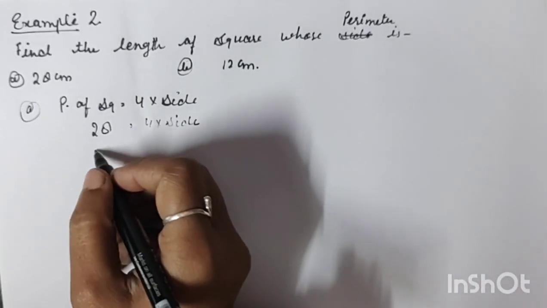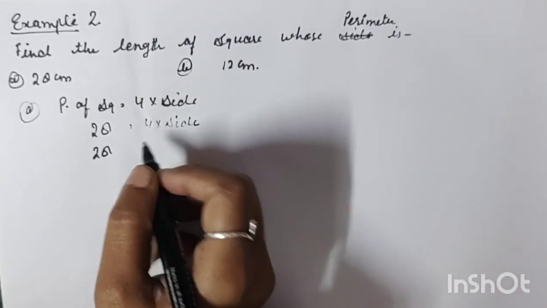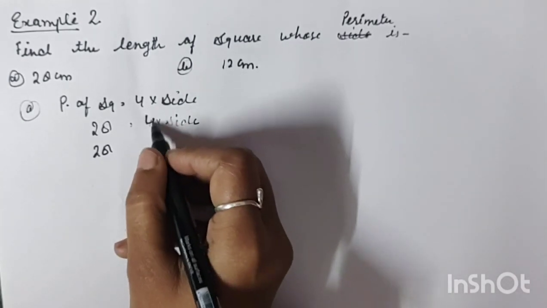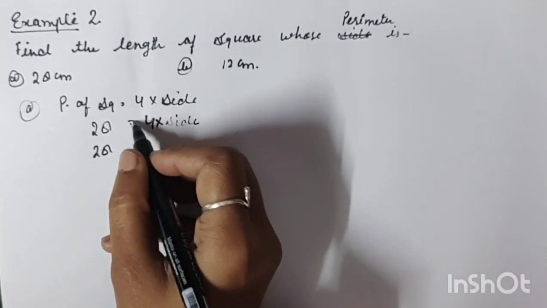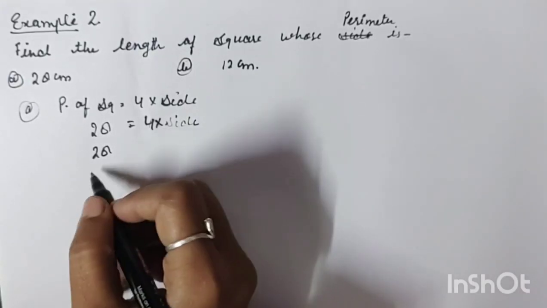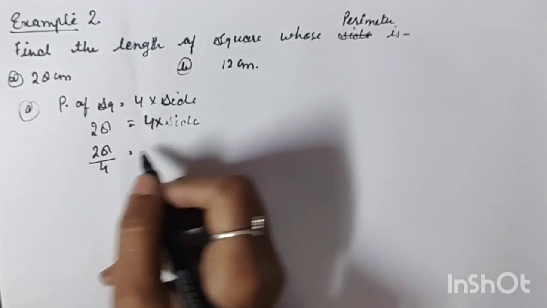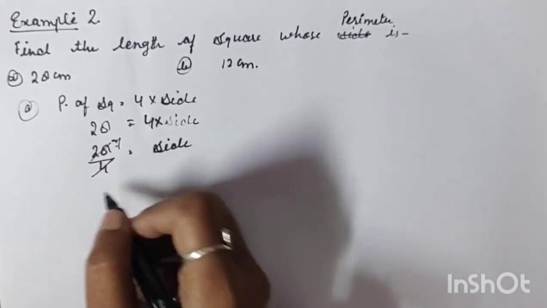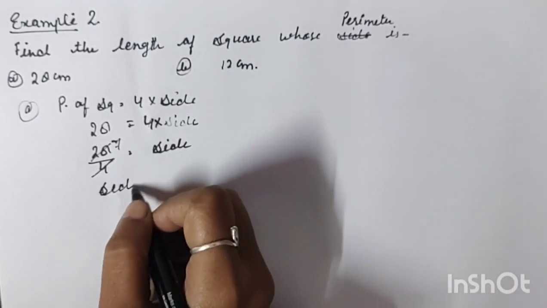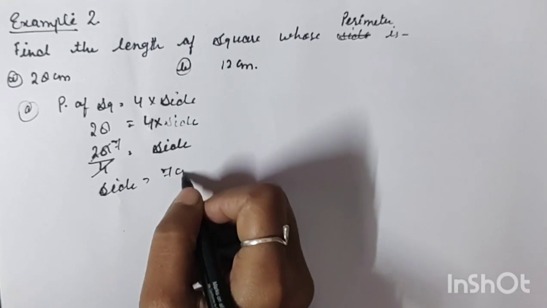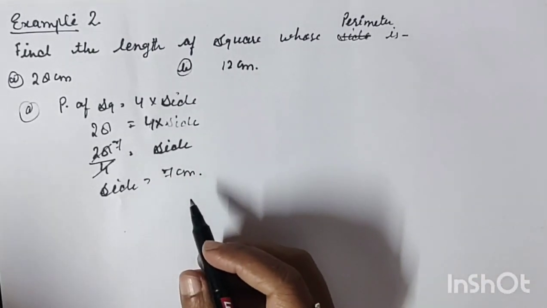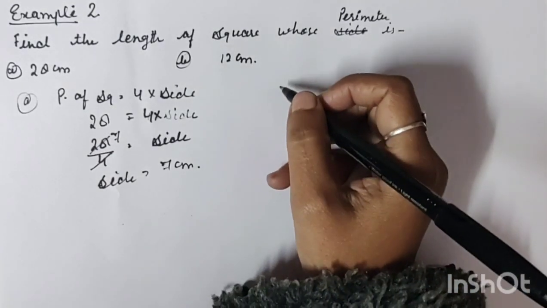We have to find the value of the side. Here 4 is multiplying; if it changes its side, it becomes division. The value of side equals 28 divided by 4, 4 sevens are 28. Side is equal to 7 centimeter. In this way we can find the length if the perimeter is given. Question number 2.